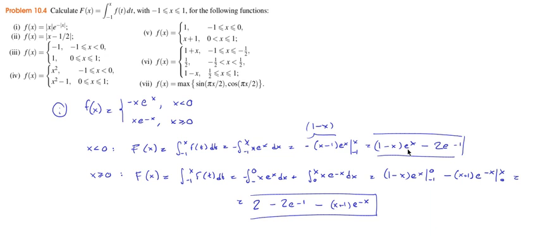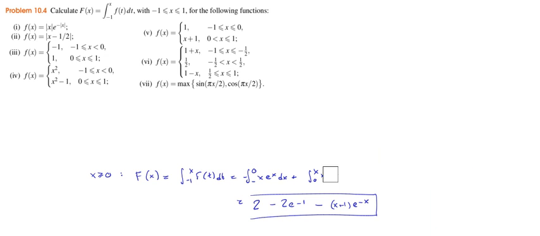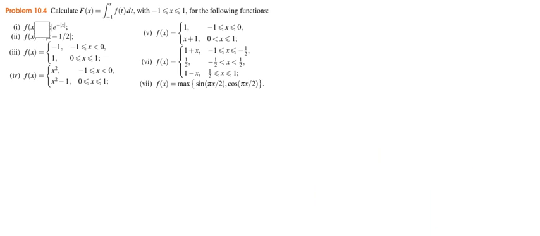So at 0, the value of this is going to be 1 minus 2e to the minus 1, right? And this at 0 is going to be 2 minus 2e to the minus 1 minus, and this at 0 is 1 again, so this is 2 minus 1. So it's the same value for both limits in a sense, right? Okay, so that's 1. Let's do part 2.